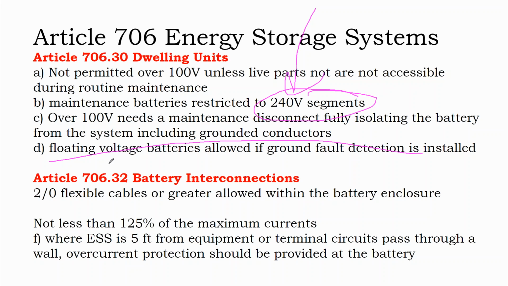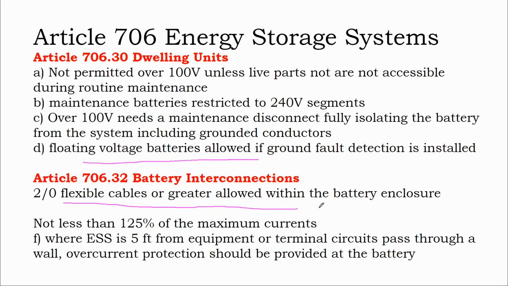It says floating batteries are allowed. Okay. That's where you have a disconnect switch on both ends and fuse both ends. It's pretty common. It says flexible cable is allowed within the battery.